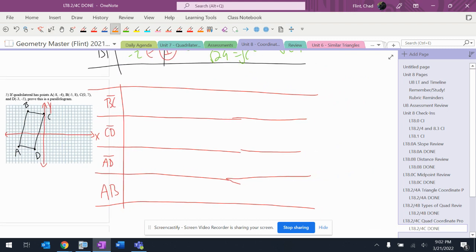So I'm going to have a slope here. I have a distance.